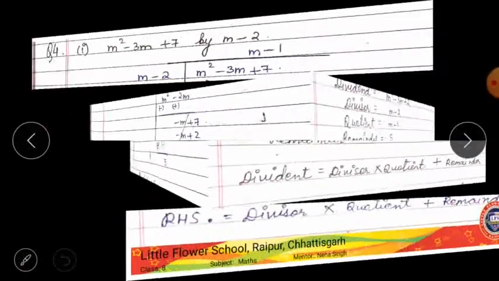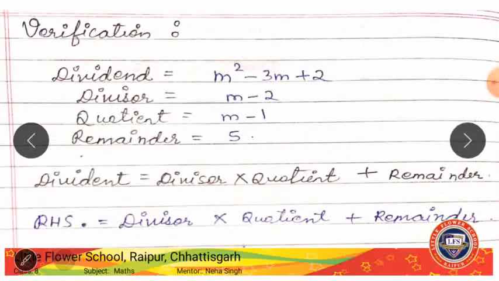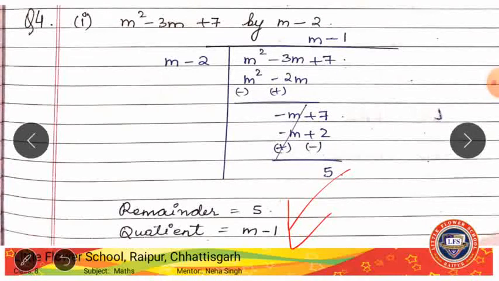Next, what is asked is that you have to verify also. So the verification part, how are you going to do it? You write the dividend, divisor, right? What is the dividend? Dividend is the term which has to be divided. Divisor is the term which is dividing.